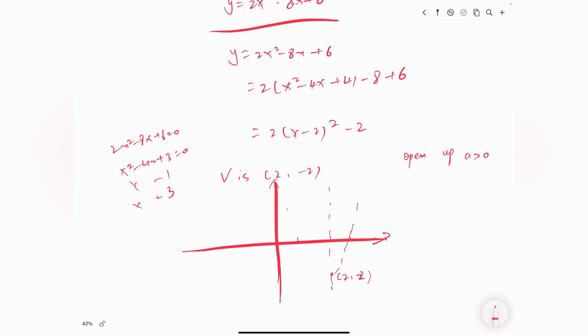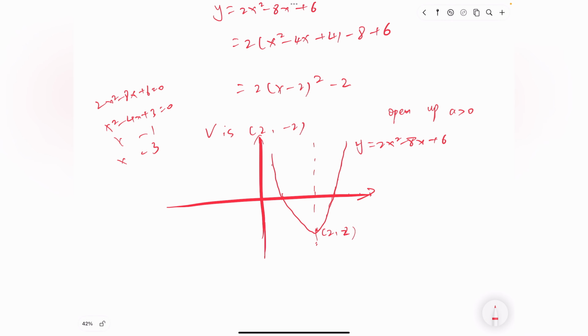So that's the graph we have, y equals 2x squared minus 8x plus 6. This is kind of the graph. So we need to find the symmetry line, x equals 2, find the vertex, and find the opening direction.